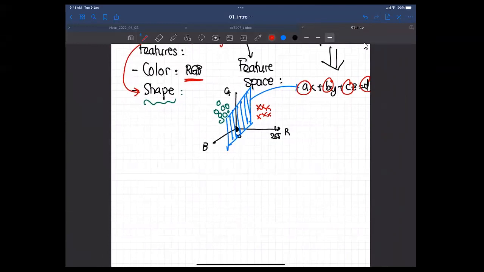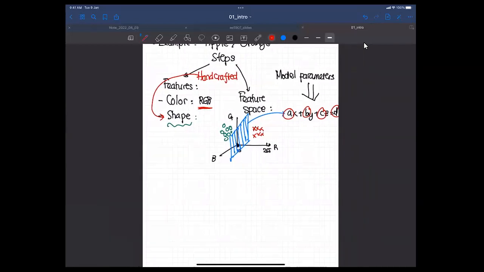That's when you have to add more features, in this case the shape and maybe other things. So features are very important. If you don't have the correct features, whatever machine learning techniques you use, you will fail. So features are the most important thing in a machine learning system.